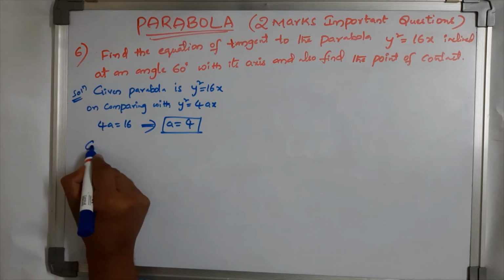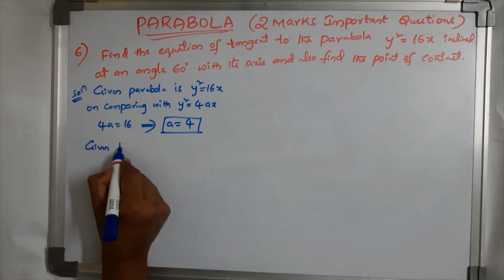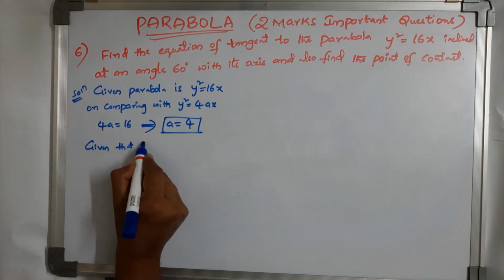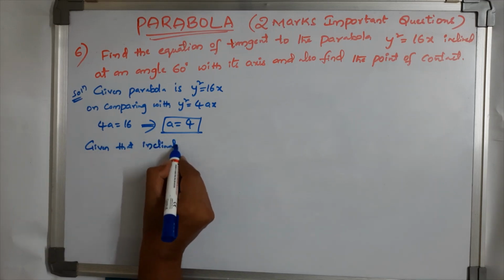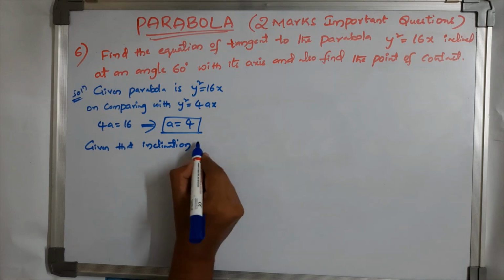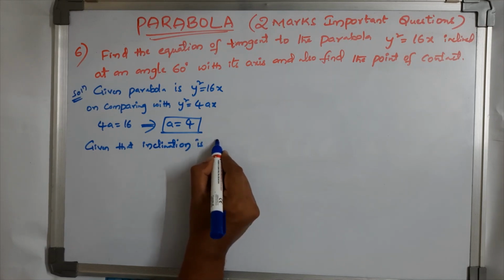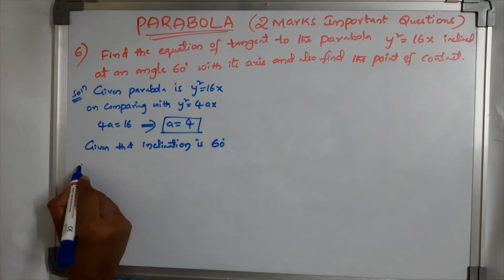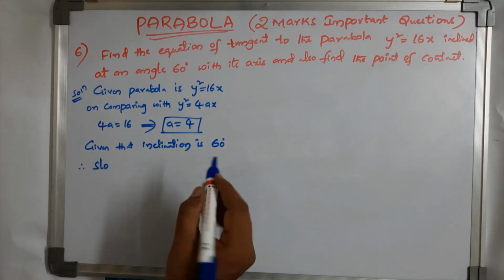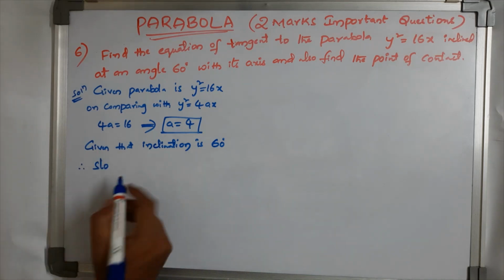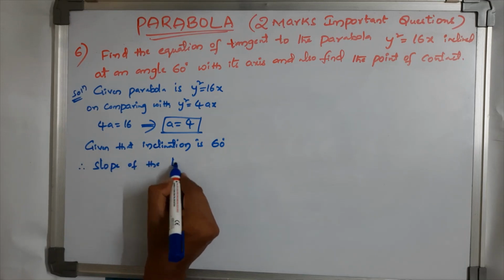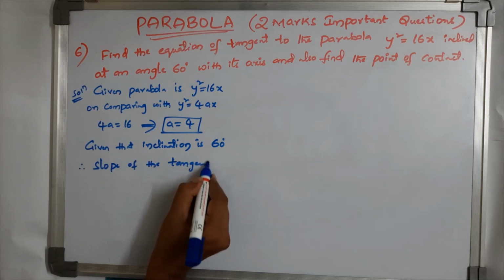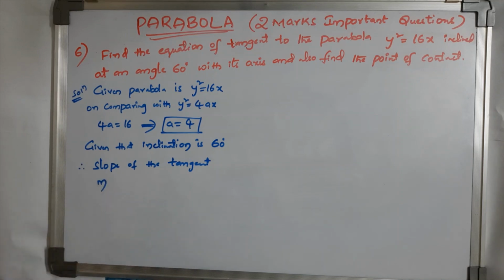Now next, given that the inclination of the tangent line is 60 degrees. Therefore, if we know the inclination, we can find the slope, right? Slope of the tangent is m.